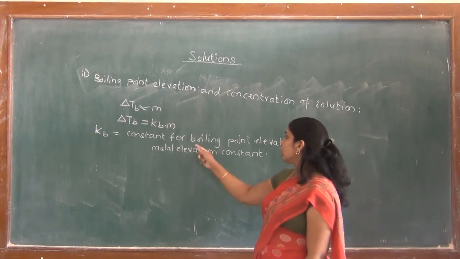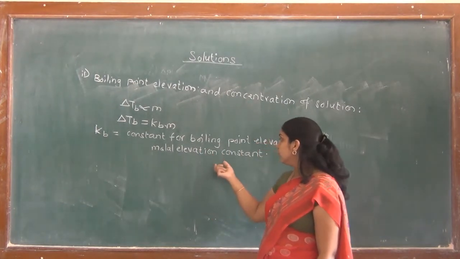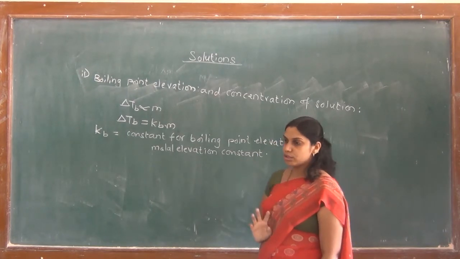Kb is the constant for boiling point elevation, which is also called the molal elevation constant.